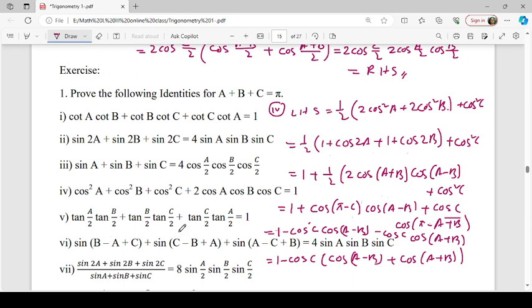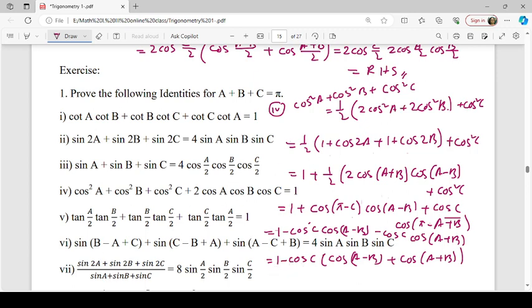Here one thing you see, we are writing here left hand side. Actually this is not left hand side, we write it as cos square a plus cos square b plus cos square c is equal to this, not left hand side, because in the left hand side this term is also there.